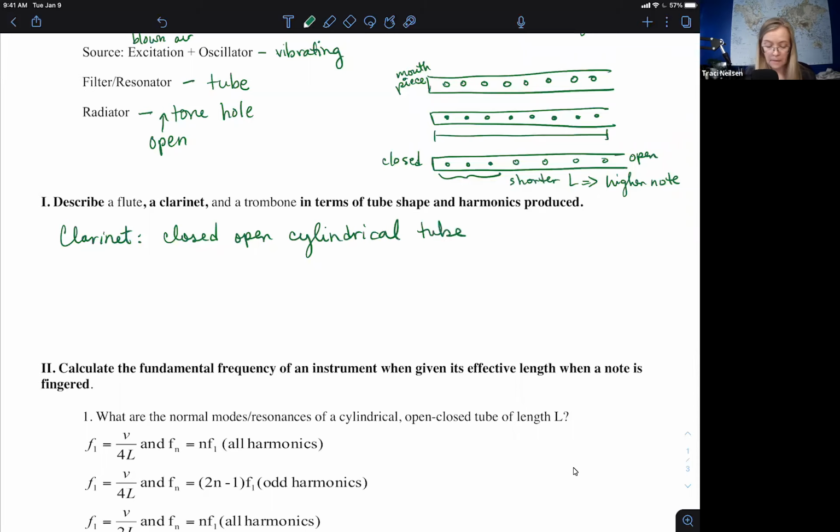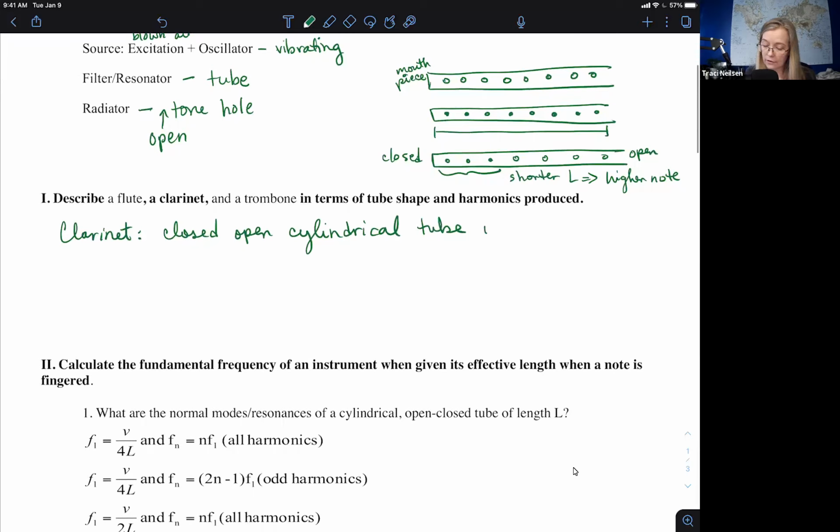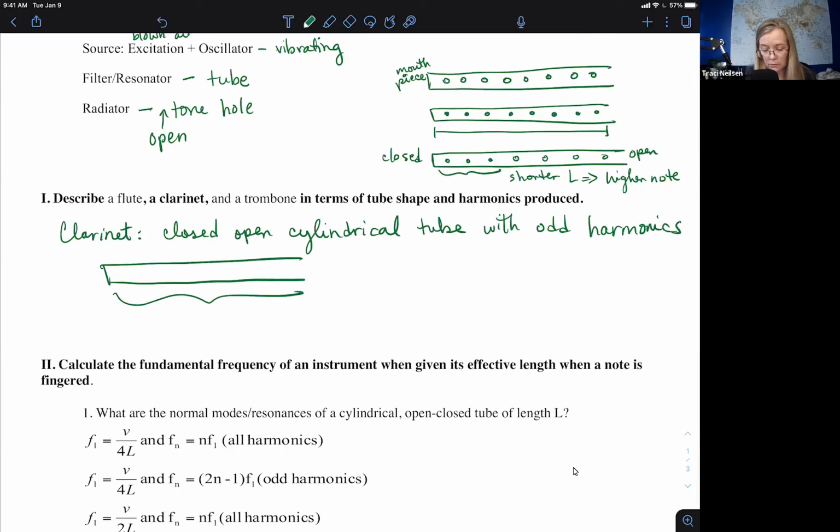And it will have the odd harmonics in the sound. What we mean by that is we're saying that our closed open tube model works.